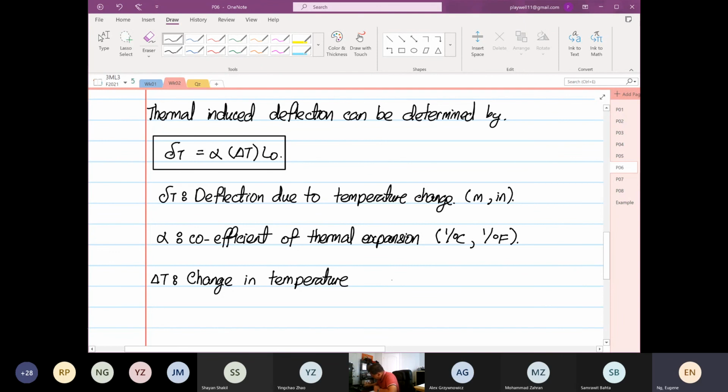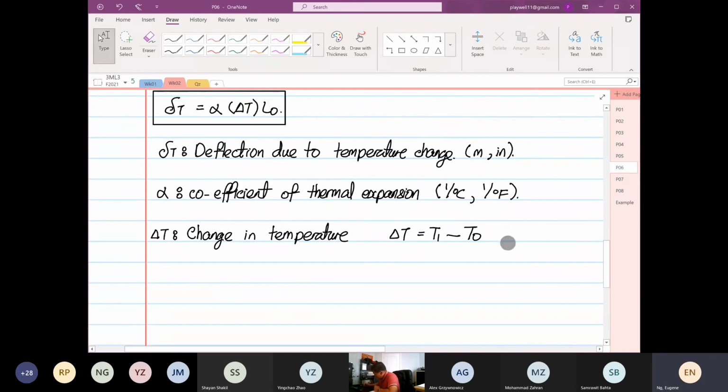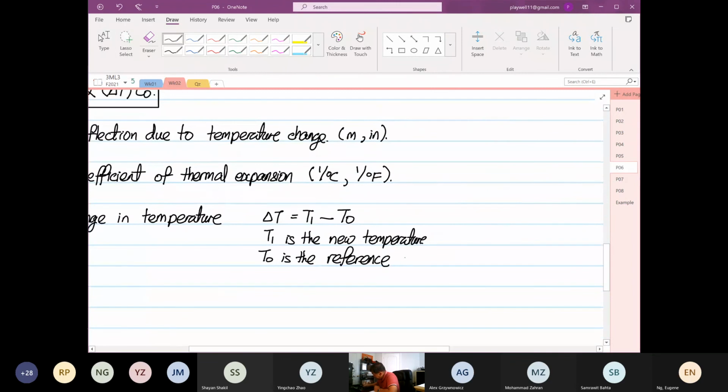And the change in temperature, delta T, is always T1 minus T0. T1 is the new temperature. T0 is the reference or original temperature.